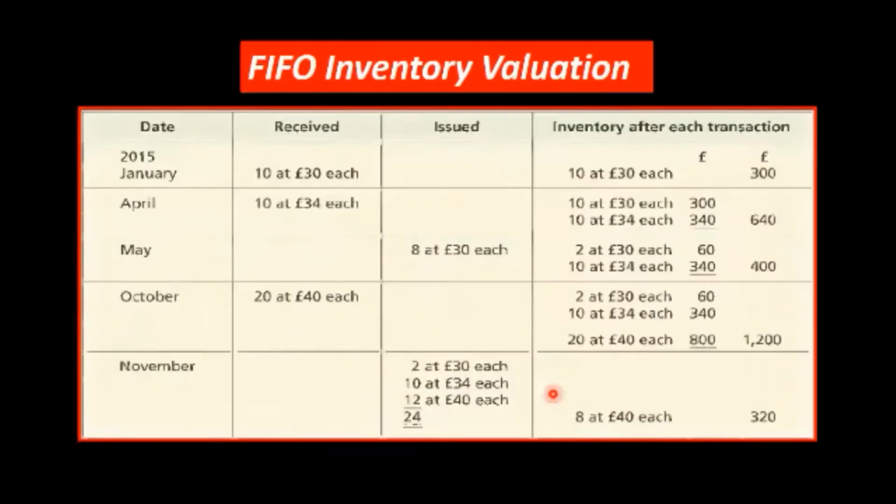Right. First, we look at the FIFO method, and it can be done in a table looking something like this. You have to have a column for the date, a column for when you receive or buy inventory. So you can see the word purchases here instead of receive.